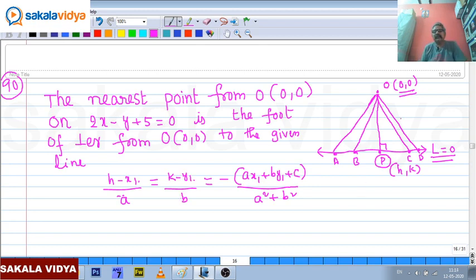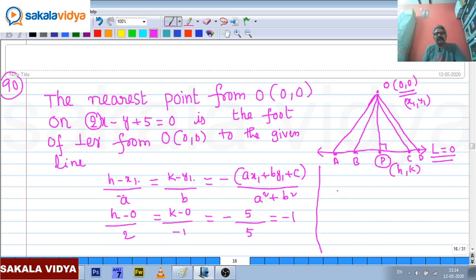So this is (h, k), and this will be (x1, y1). Substitute here. H minus 0 by a means 2. K minus 0 by b means the y coefficient, minus 1. Minus of substituting the origin here, you will get 5 by a square plus b square, that is 5. This is minus 1.